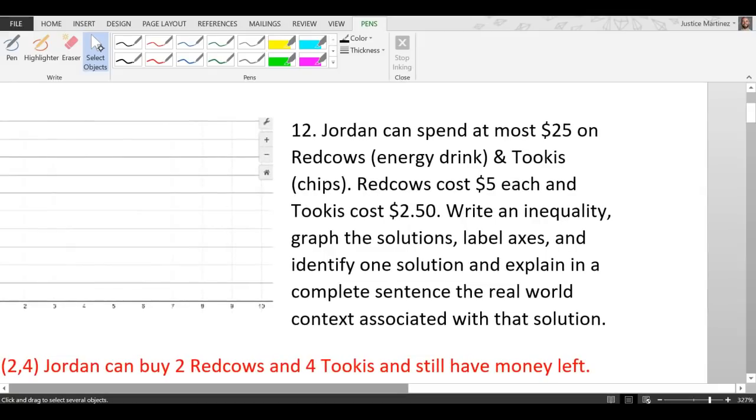Write an inequality, graph the solutions, label the axes, identify one solution, and explain in a complete sentence the real-world context associated with that solution. Well, pretty easy. Let's start off by saying 5x plus 2.5y is less than or equal to $25, because that's all Jordan has.